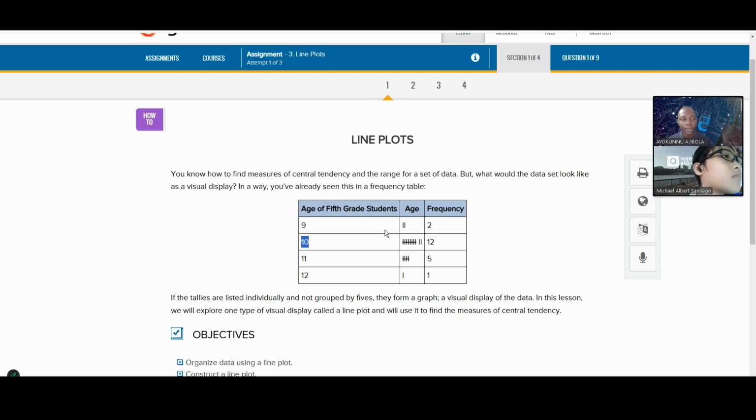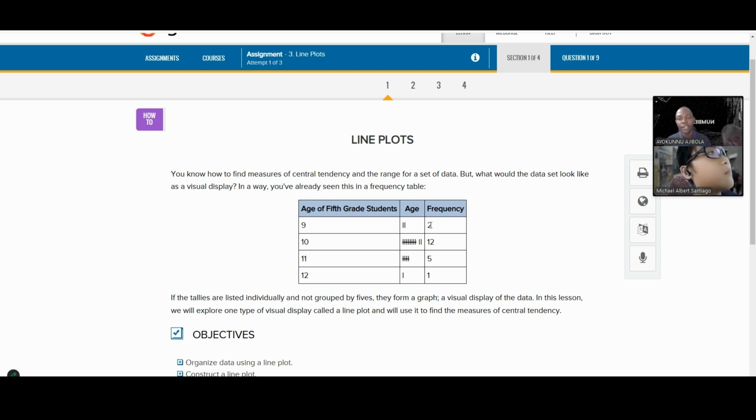Check the table. 10 appeared 12 times. And 11 appeared 5 times. Then 12 appeared 1 time.